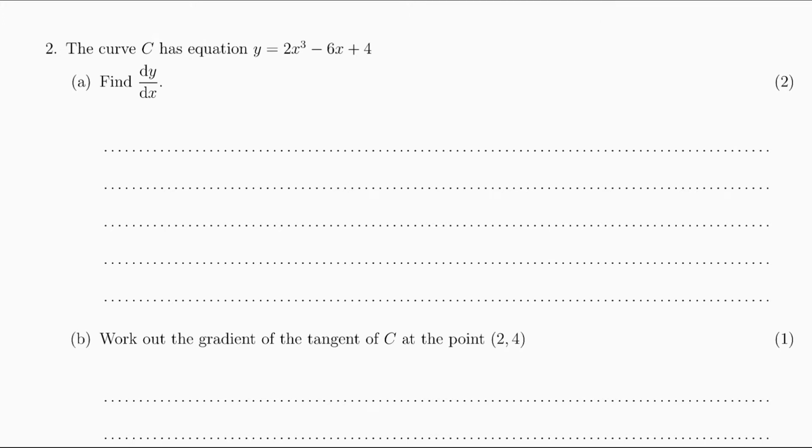Question 2. The curve C has the equation y equals 2x cubed minus 6x plus 4, and part A requires us to find dy over dx, or the first derivative of y with respect to x.